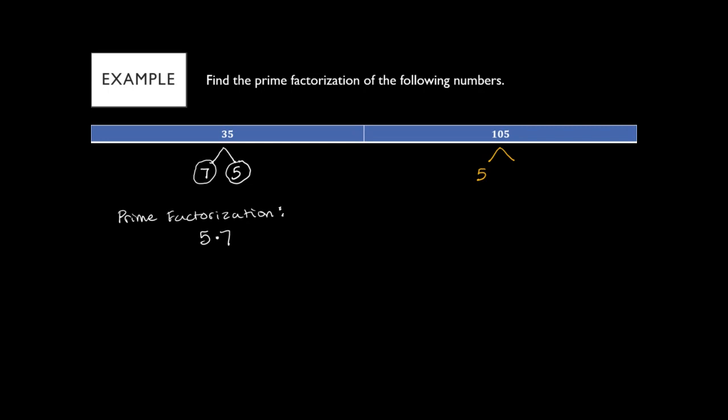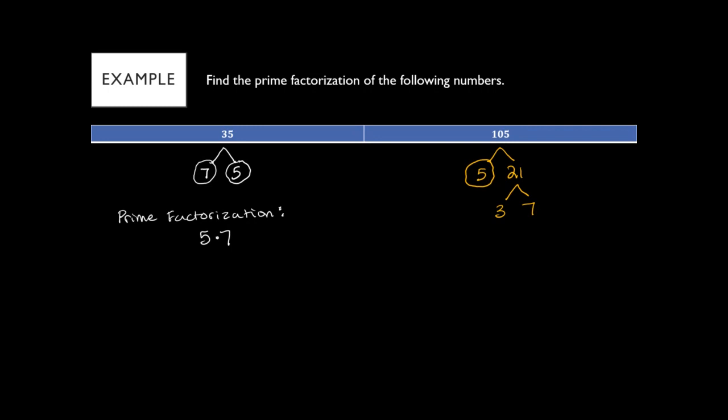So I just have to figure out 5 times what gives me 105. So I just do the backwards. I do 105 divided by 5 to get my other number, and that comes out to 21. So 5 is a prime number, so I'm going to circle that, but 21, we can split that out further, because 21 is 3 times 7.